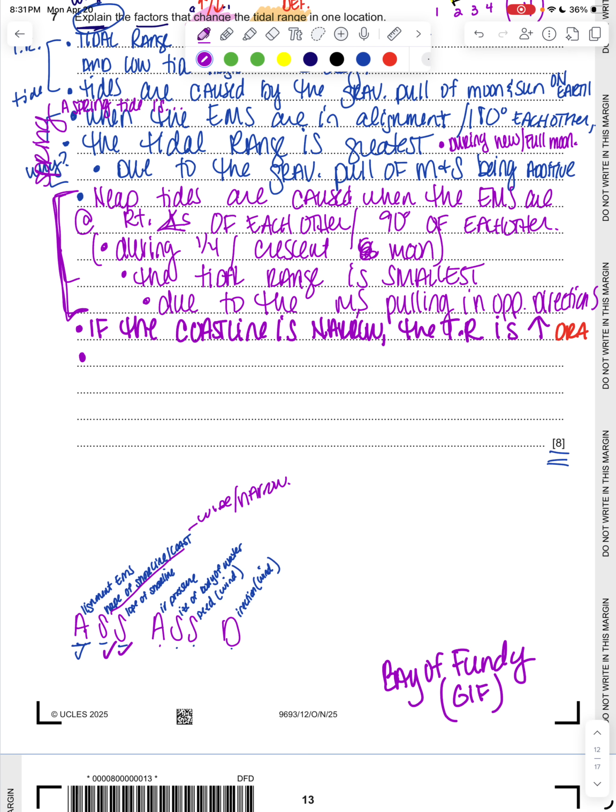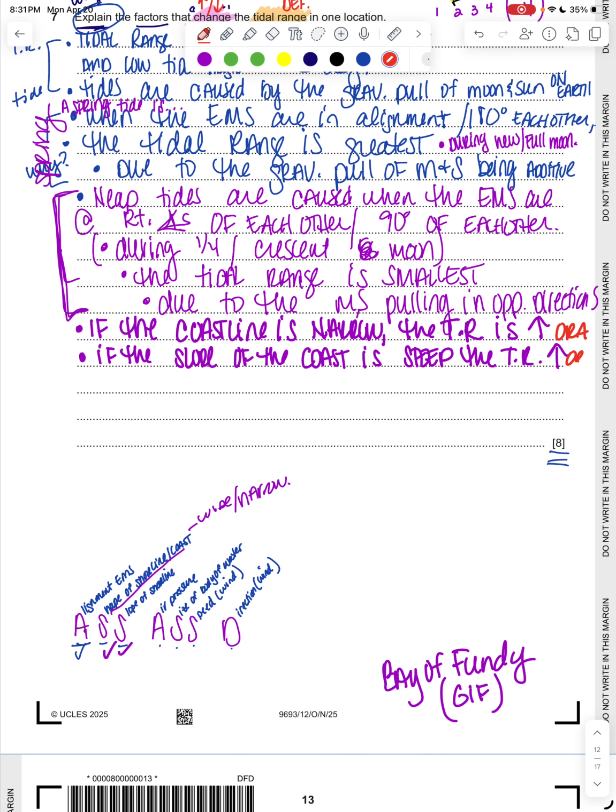Okay, we can talk about the slope. If the slope of the coast or shore is steep, the tidal range, TR, is high.